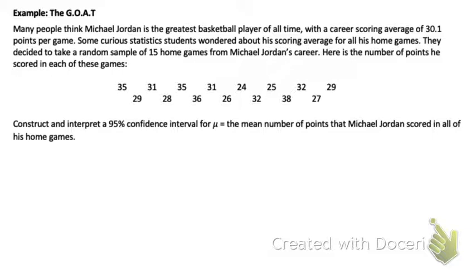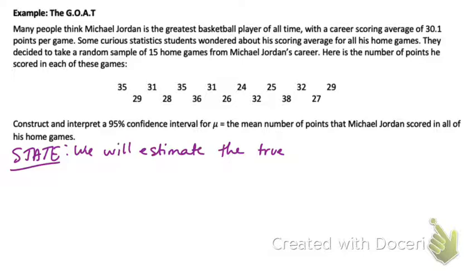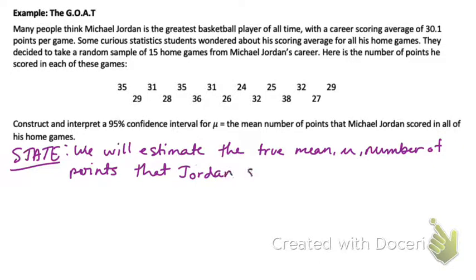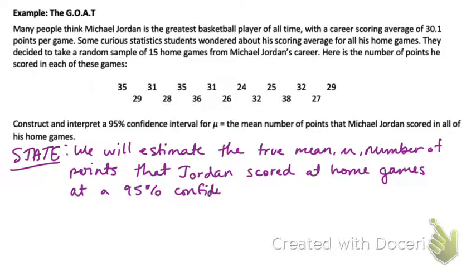All right. State. We will estimate the true mean, mu, number of points that, you can just say Jordan if you want, that Jordan scored at home games at a 95% confidence level.